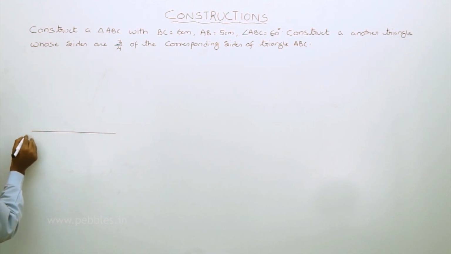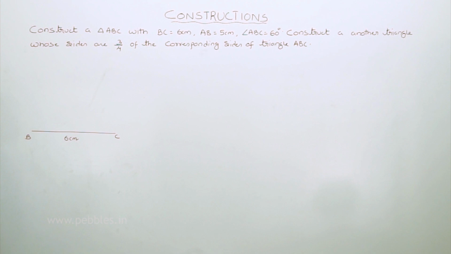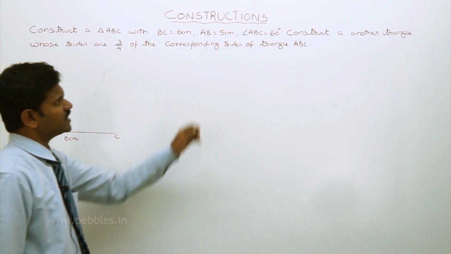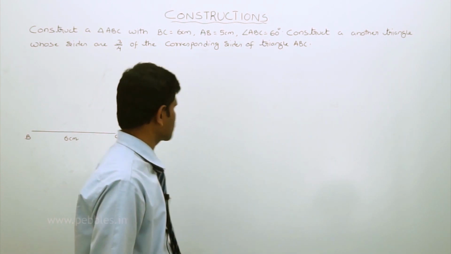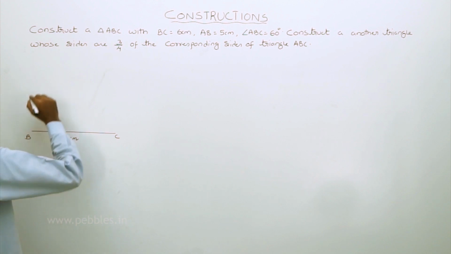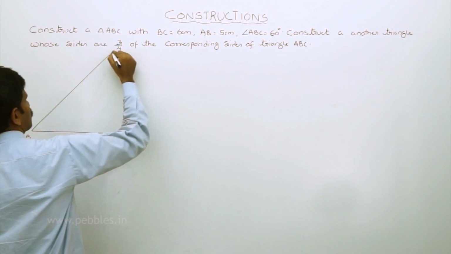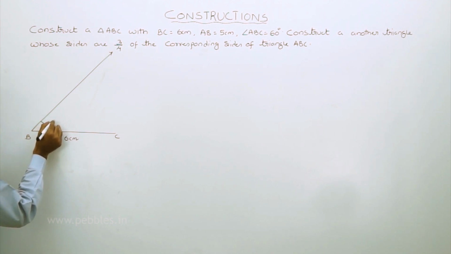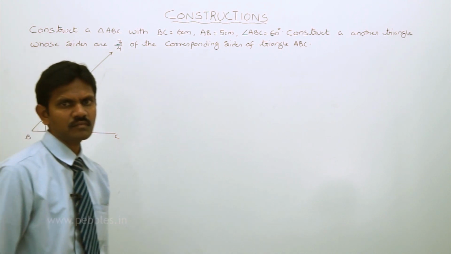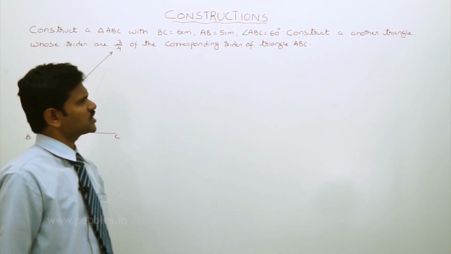Draw a line segment BC equal to 6 centimeters. Now angle is given at B, angle ABC equal to 60 degrees. That is, at B, draw an angle of 60 degrees by using the protractor. Now AB is 5 centimeters.